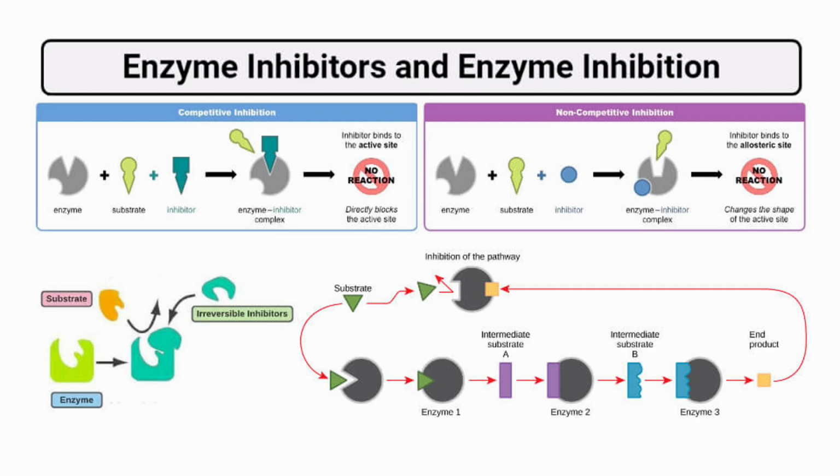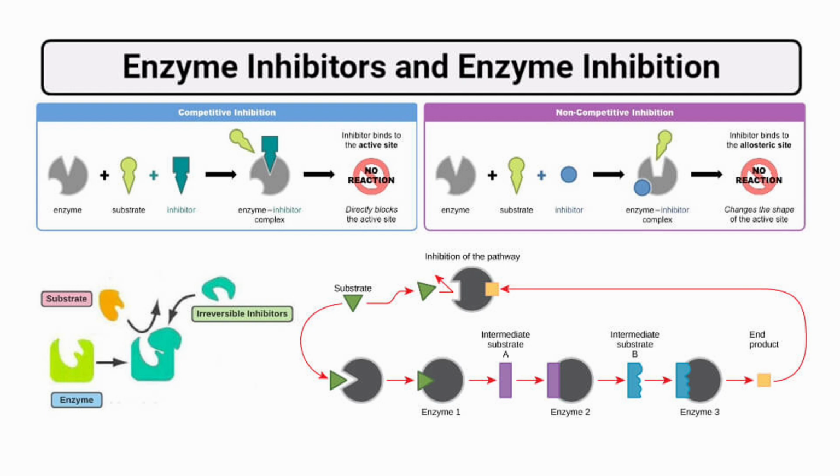This is just a quick little diagram, again, showing you the enzyme inhibitors. In competitive inhibition, you have your substrate and an inhibitor that are going to both compete for the active site. If the inhibitor binds to the enzyme, then the substrate is not able to bind with the enzyme, so we will not have a reaction.